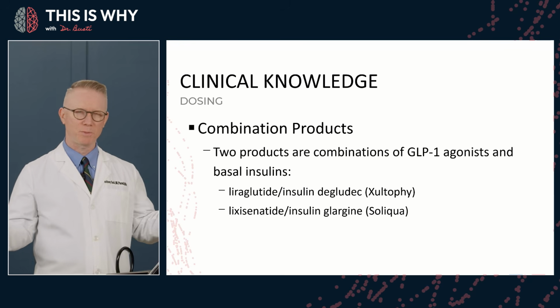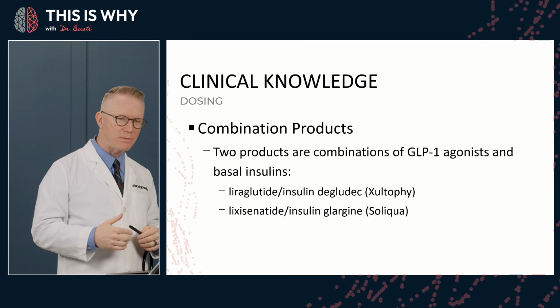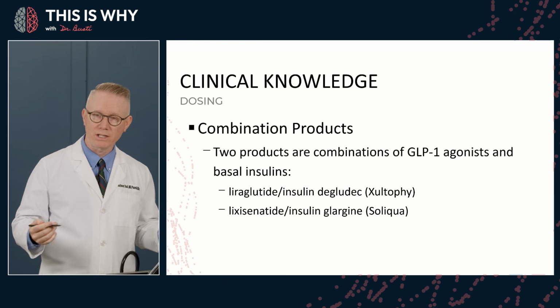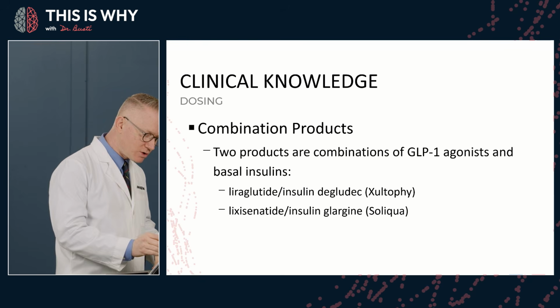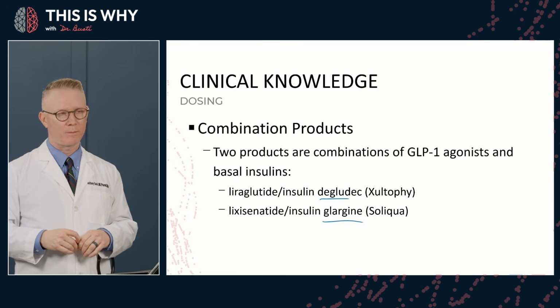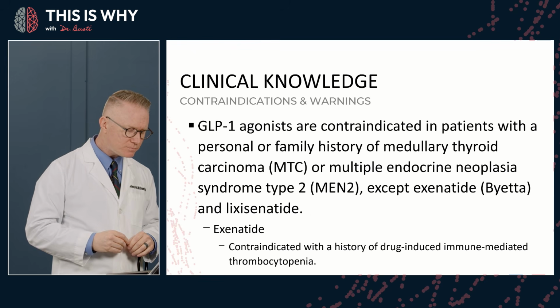It just becomes a nuisance, doesn't it? If you can maximize the overall adherence to their disease, you're going to get the desired outcome. These are our basal long-acting insulins that are combined and available for patients.